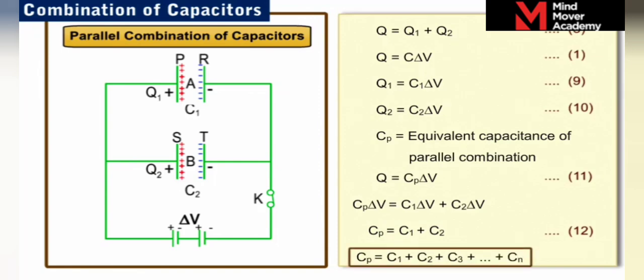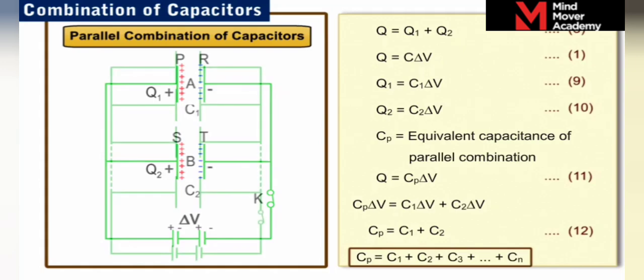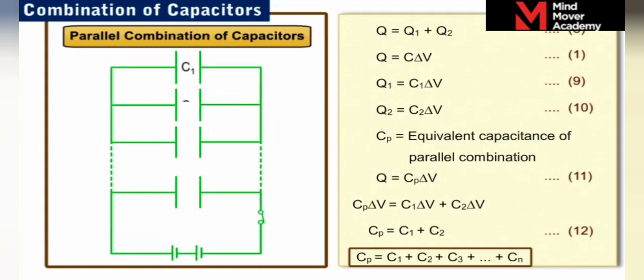If n number of capacitors with capacitances C1, C2, C3 and so on up to Cn are connected in parallel, then the expression for the equivalent capacitance of the combination Cp is given by Cp is equal to C1 plus C2 plus C3 and so on plus Cn.